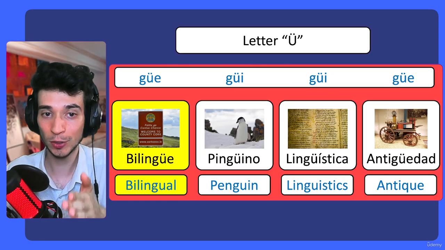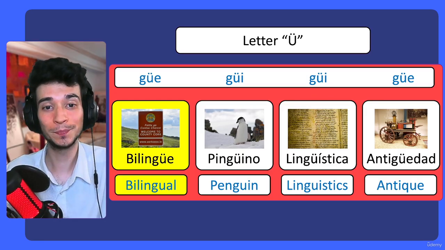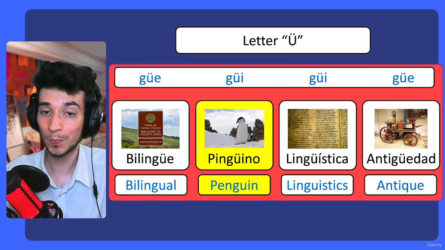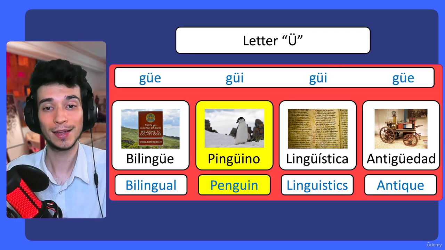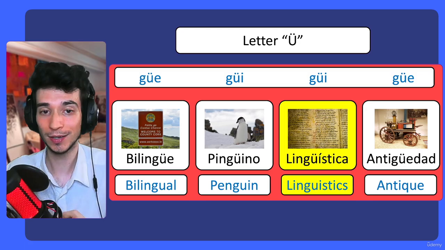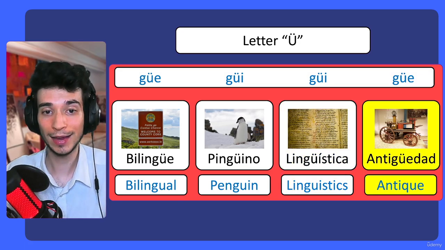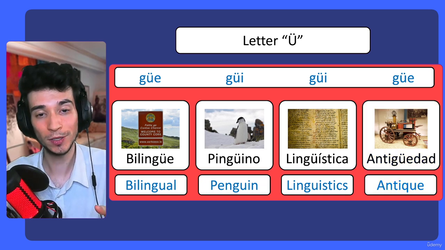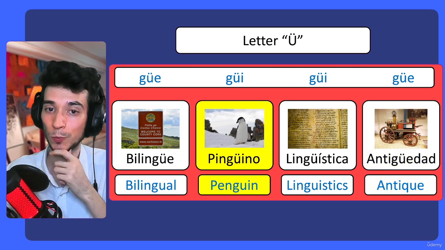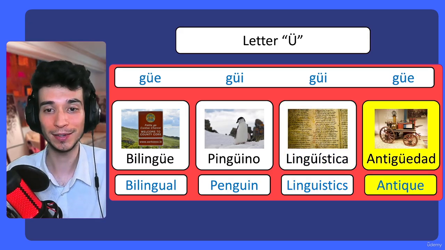It's always in the middle between G and E or G and I. For example, bilingüe, pingüino, lingüística, linguistics, antigüedad, antique. So bilingüe, bilingual, pingüino, penguin, lingüística, linguistics, antigüedad, antique.